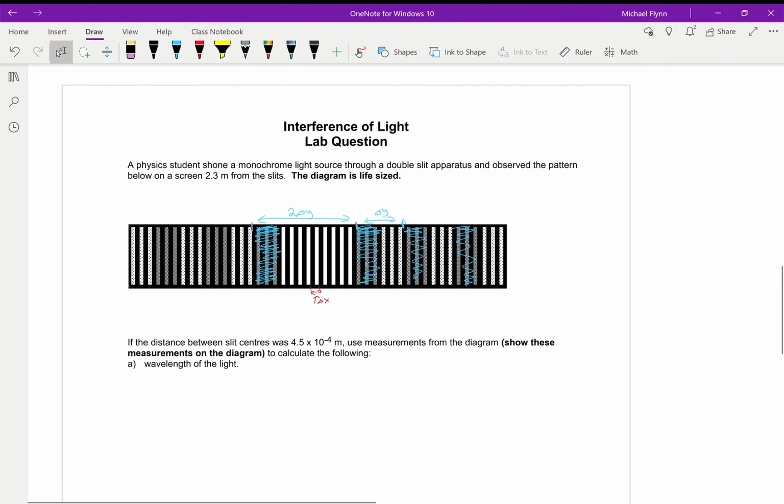Does it say what L is? 2.3 meters. Yeah, L is in there. So times, divided by 4. Times.